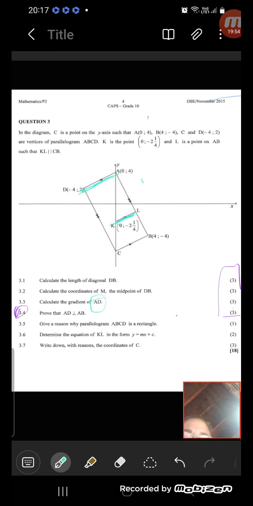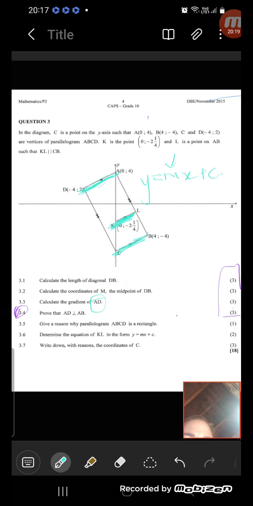So whatever you found for the gradient of AD, y is equal to mx plus c, you can pop that same gradient in, because if this is a rectangle and this is parallel to this, it means this is parallel to this. So if I've got the gradient of AD, I can pop it into my M.